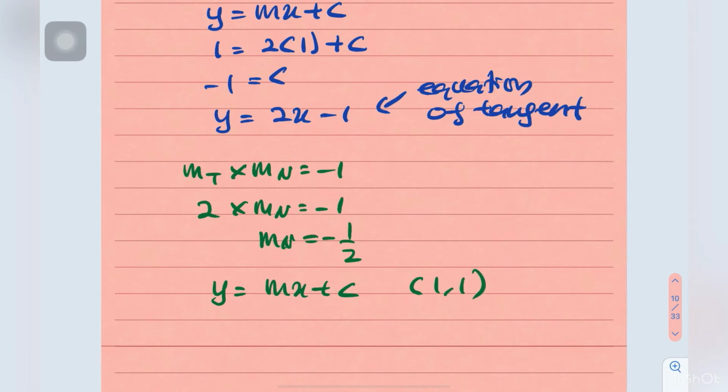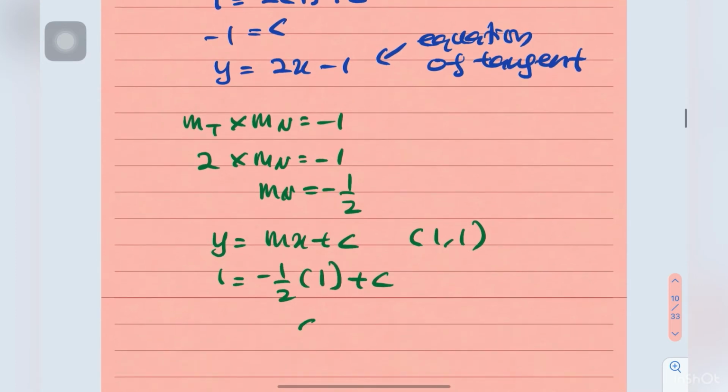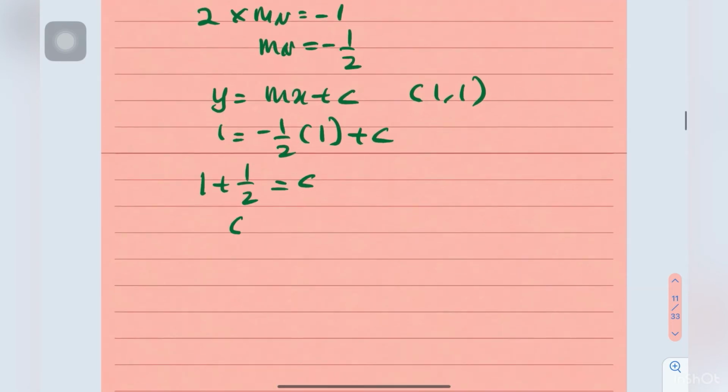Coordinate is (1, 1), y is 1, m is negative 1 over 2, x is 1, plus c. So c is 1 plus 1 over 2, so c is 3 over 2. Therefore equation of normal y equals to negative 1 over 2 x plus 3 over 2.